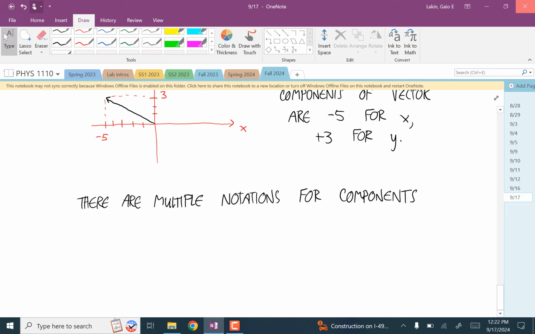One that you see a lot would be to represent this as -5i plus 3j. And that i says that's the x component, and the j says that's the y component. I don't know where that came from actually, but it's a very entrenched way to write this.